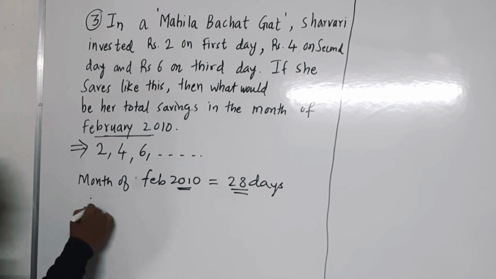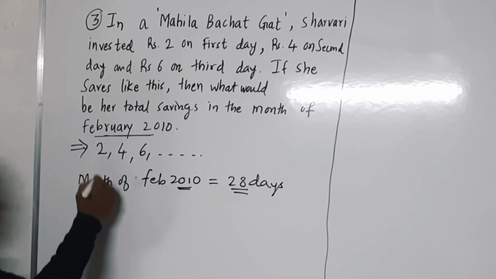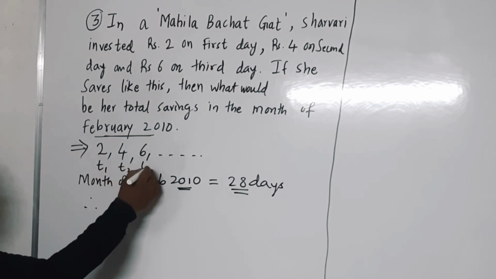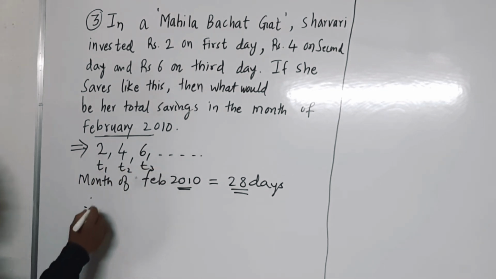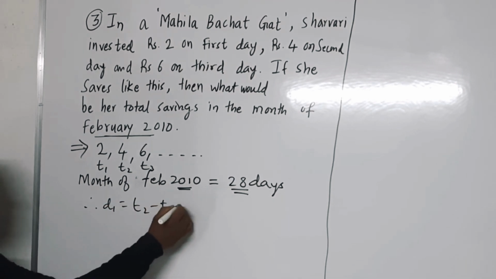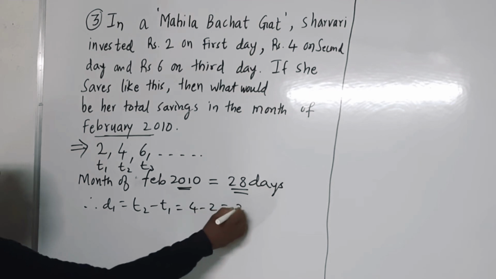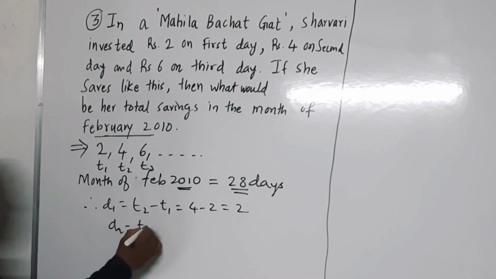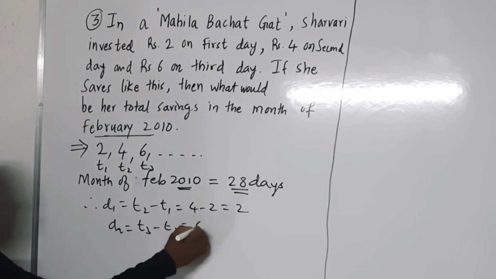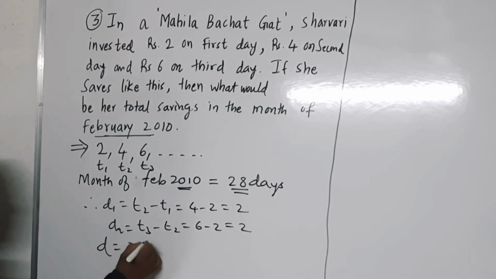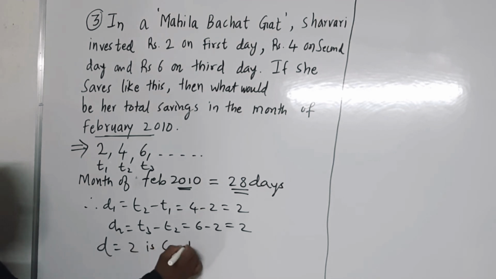Now therefore in the given sequence, let T1 be 2, T2 be 4, T3 be 6. Therefore D1 is equal to T2 minus T1, which is 4 minus 2, which is equal to 2. D2 is equal to T3 minus T2, that is 6 minus 4, which is also 2. So here D equal to 2 is constant.